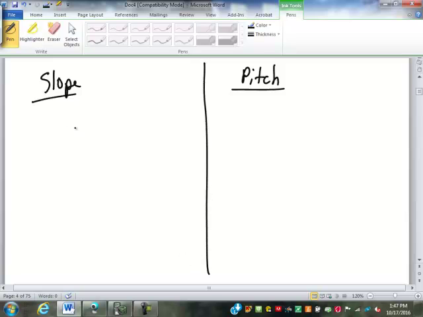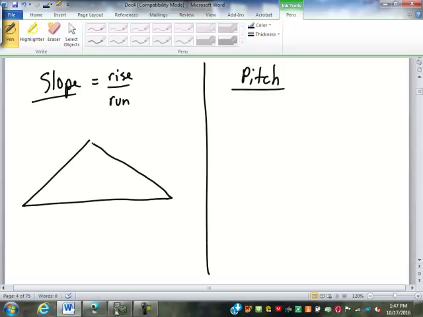A slope is rise over run. Slope is always given out of 12. So that's what you hear, a 4/12 or a 6/12 or a 7/12. They are talking about a slope.